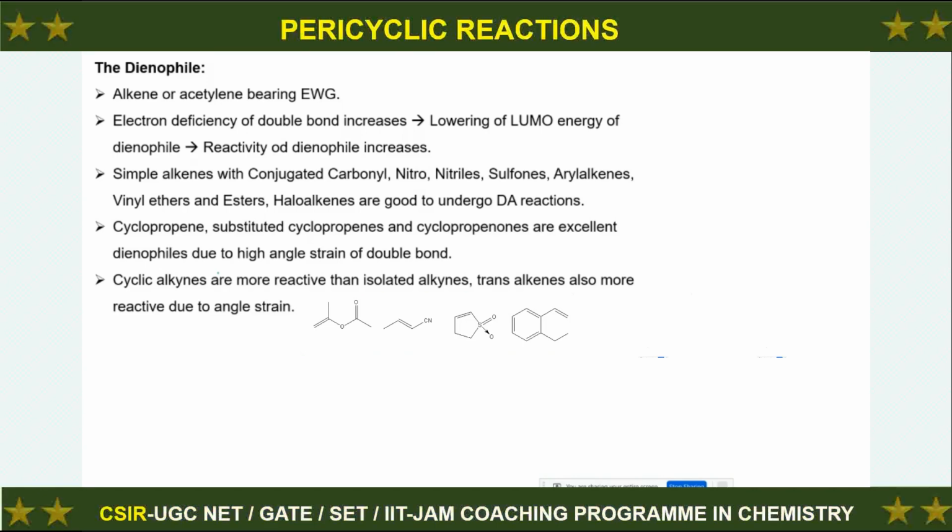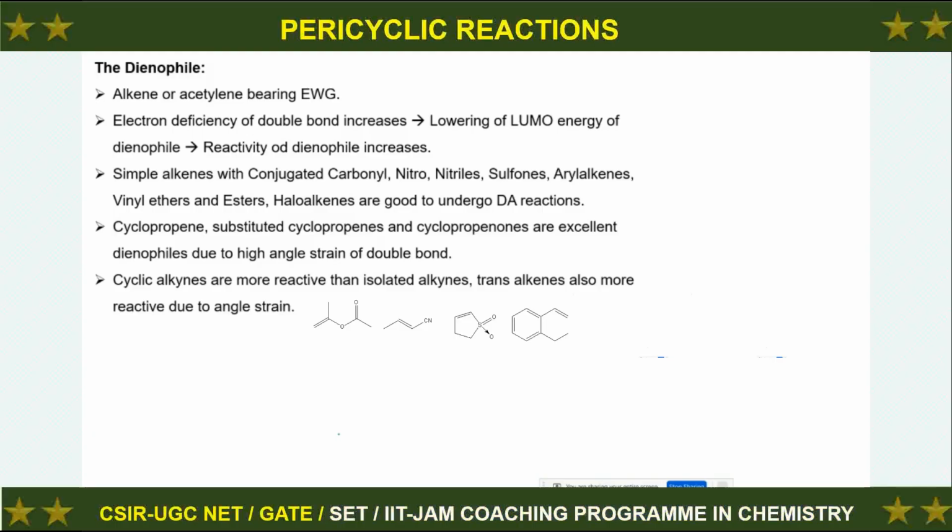So the reactivity of the dienophile increases, because when you decrease the LUMO of the dienophile or increase the HOMO of the diene, the interaction between this HOMO and LUMO will be so much easier. So the electron withdrawing group is important because of the lowering of the LUMO energy of the dienophile.